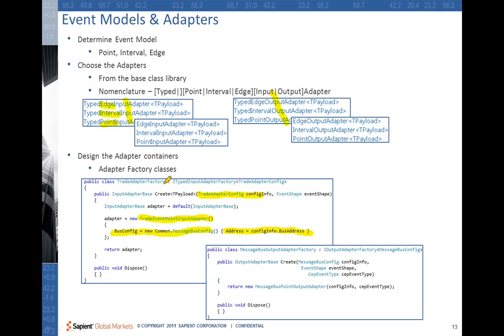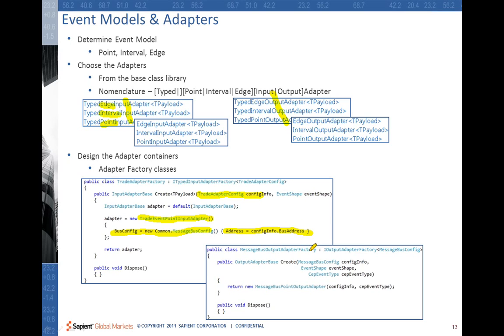So when this particular factory is created, or when the create method is called by the StreamInsight engine, we could potentially pass this config info and the event shape. Based on the event shape, whether it's a point or interval, you could decide which adapter to return. In this case, that has not been taken care of. I think it's just returning a trade event point input adapter, whereas it should check whether it's a point event, and then return that adapter.